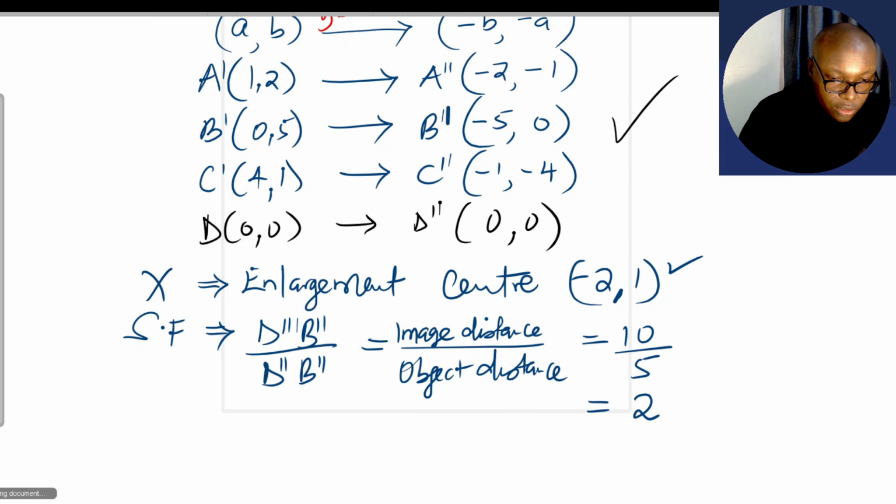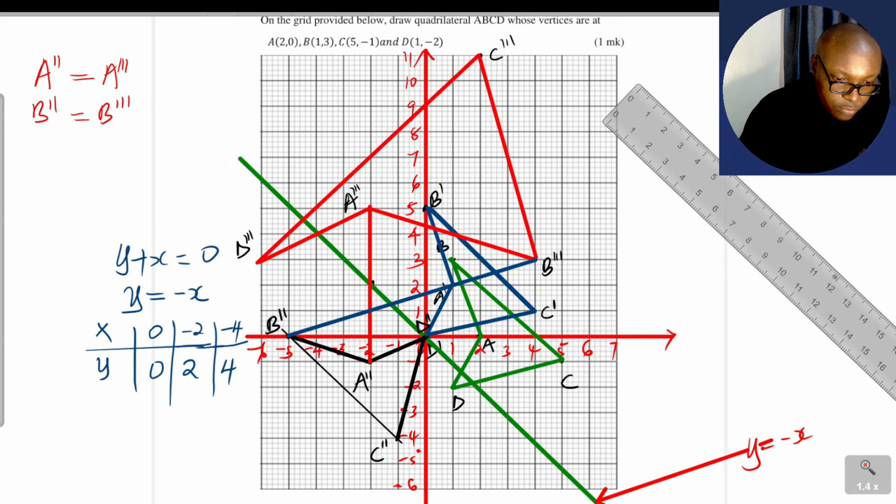An enlargement is considered to be positive if the object and the image are on the same side with the center of enlargement. But if you find the object and the image are on opposite sides from the center of enlargement, like in this case, the center of enlargement is here, the image is on the upper side, then the object is on the other side.